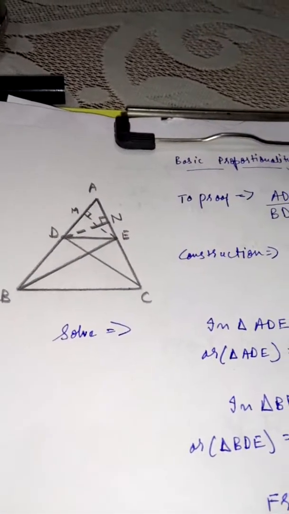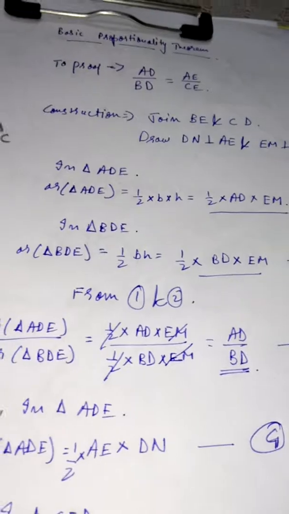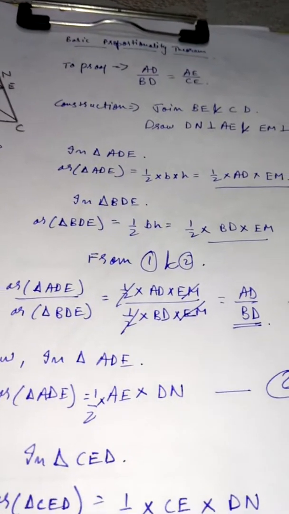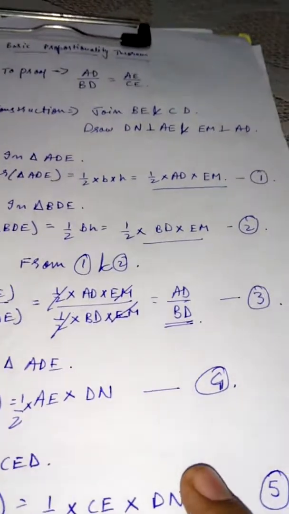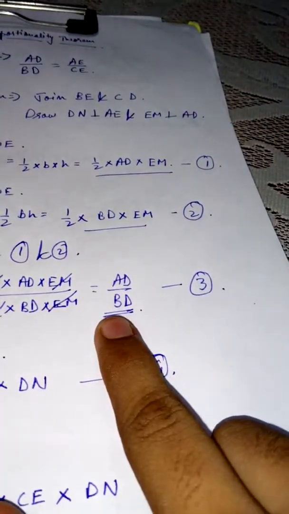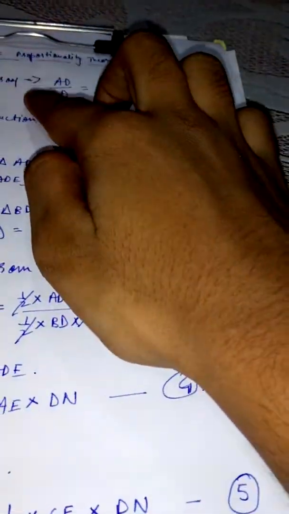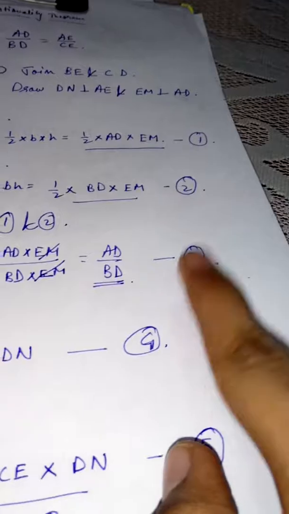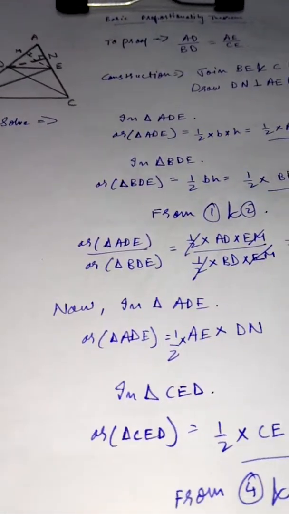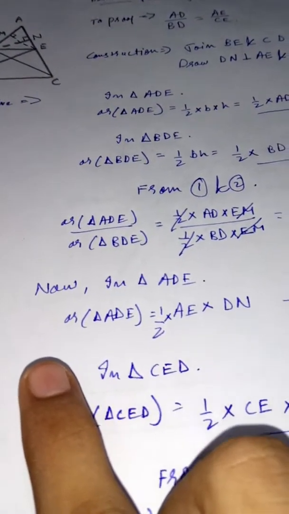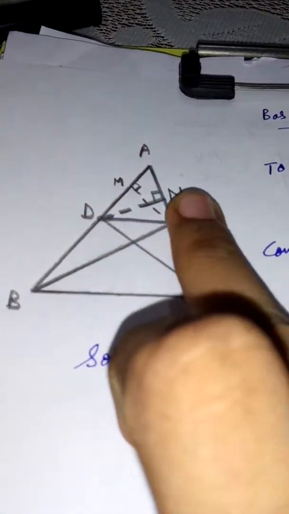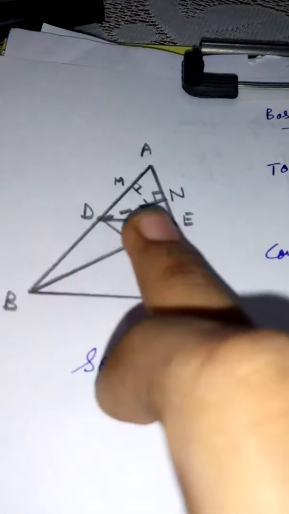It's correct. Now from 1 and 2, area of ADE upon area of triangle BDE gives some common terms, and at last we get the final answer AD upon BD, which solves the first case of our proof, and we mark it as equation 3. Now in triangle ADE, in the second case, if we take this altitude, the area will be DN into AE into half.